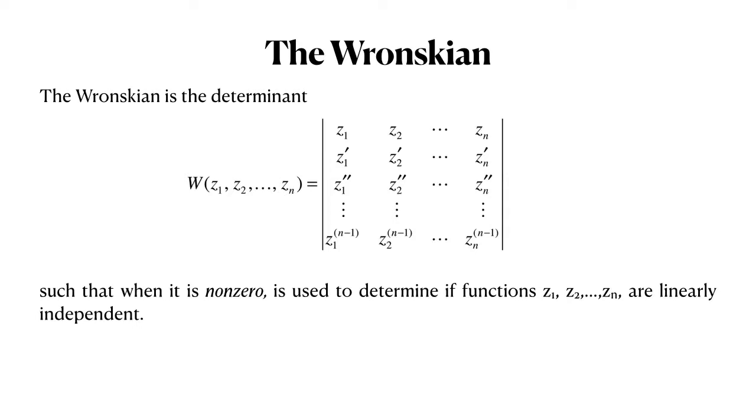The next step is to put them in a matrix format. And since there are two of them, our matrix will be a 2 by 2 matrix. So, Z1 and Z2 only. Then we take the first derivative of Z1 and Z2. So, we have Z1 prime and Z2 prime.